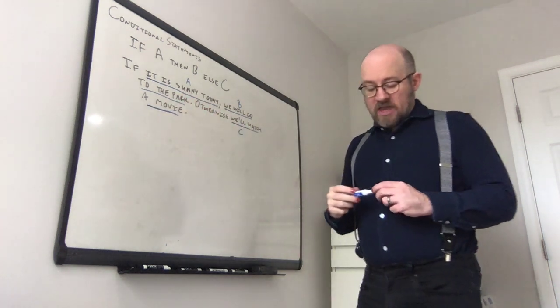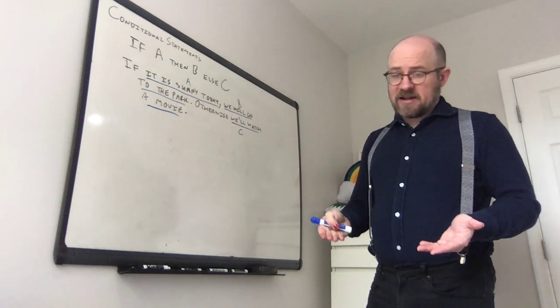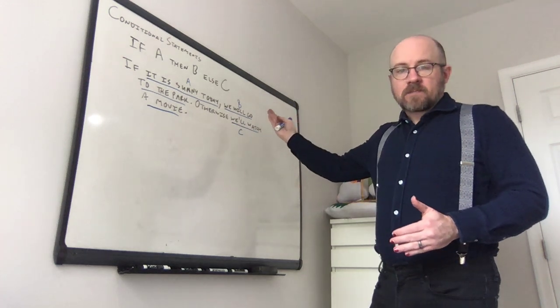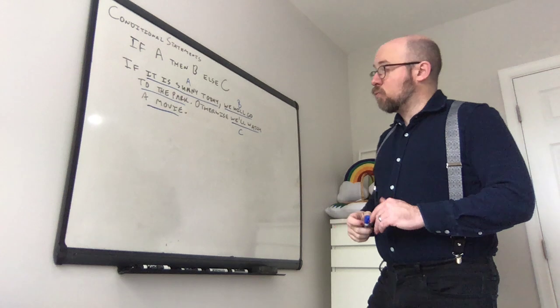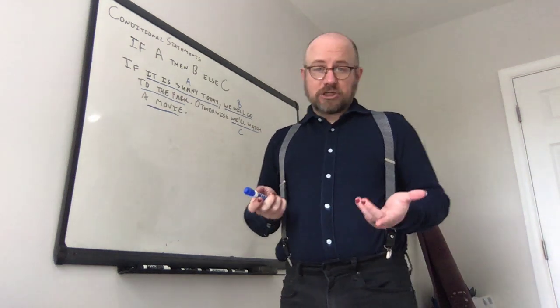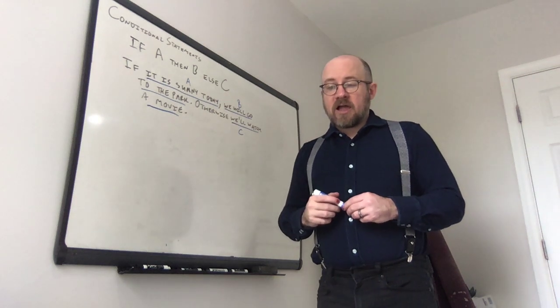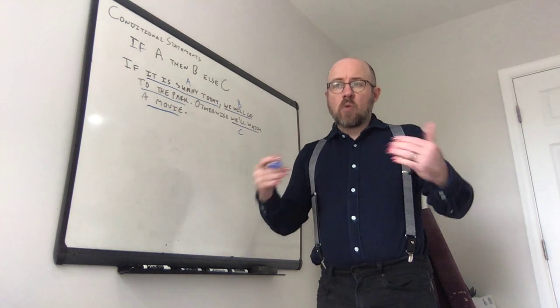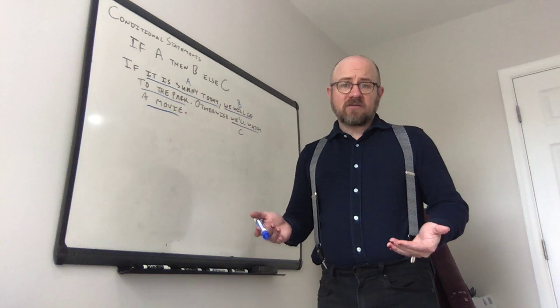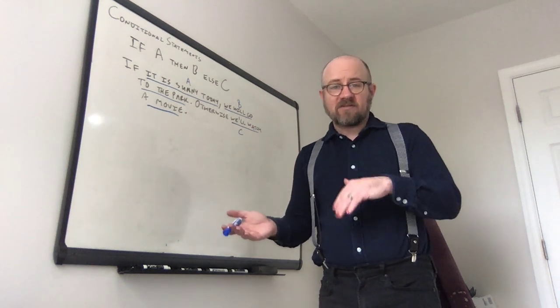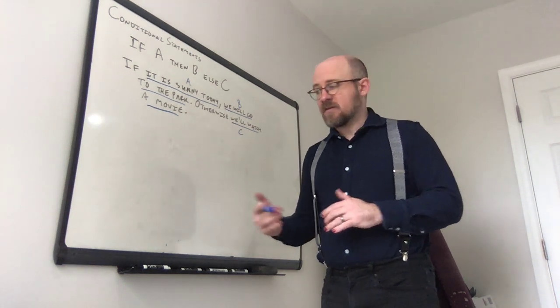Okay? So if A is true, if it's sunny today, we'll go to the park. Otherwise, we'll watch a movie. This is a conditional statement. Okay? And so conditional statements are kind of a way of making a decision, right? And so they give us a choice between if this is true, we do this. If this is true, we do this.